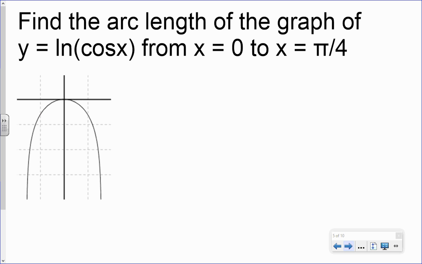Okay, do you have this written down? First thing we need to find is what? Derivative. Now, all of you are being super whiny about the natural log of cosine, but let's take the derivative. 1 over cosine times.